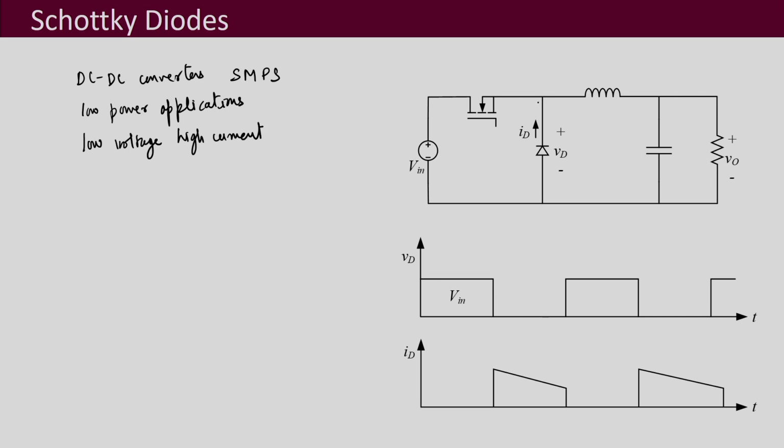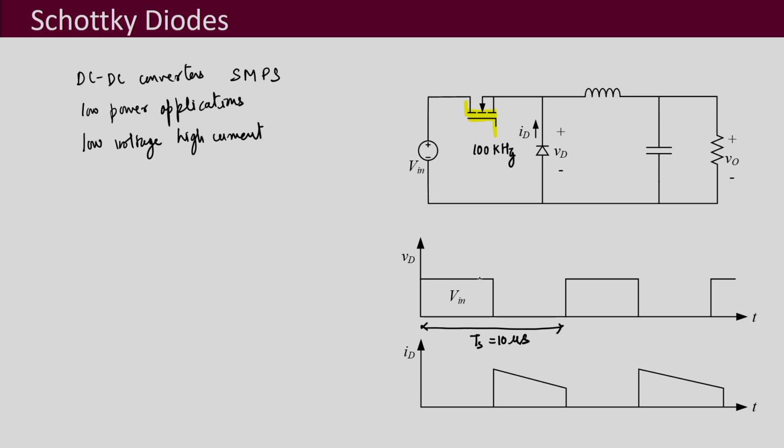Now, let us look into this buck converter circuit. Let us say this MOSFET is switched at a frequency of 100 kilohertz. In SMPS applications, the switching frequencies are mostly above 100 kilohertz. In that case the switching time period Ts is going to be equal to 10 microseconds if we assume the switching frequency to be 100 kilohertz.